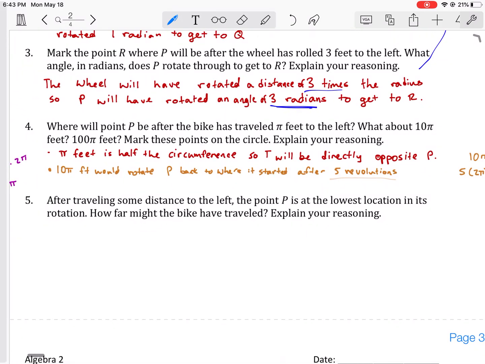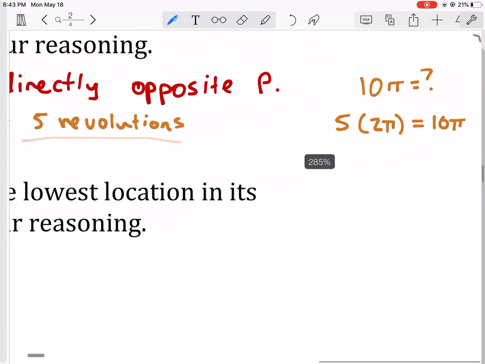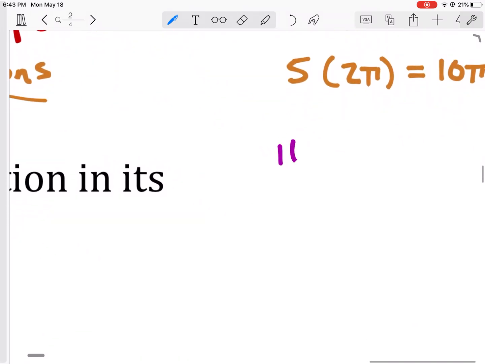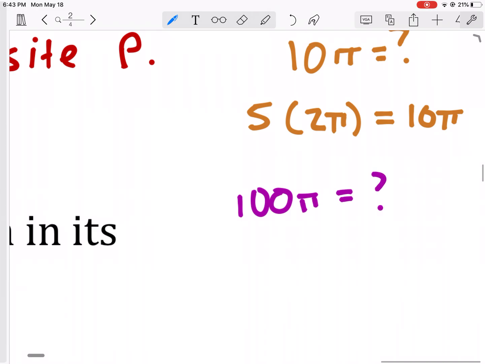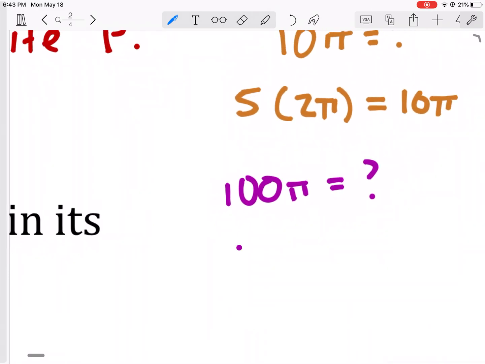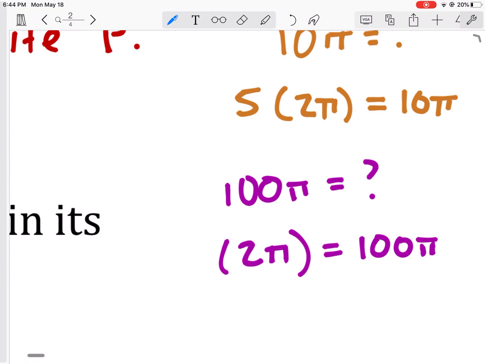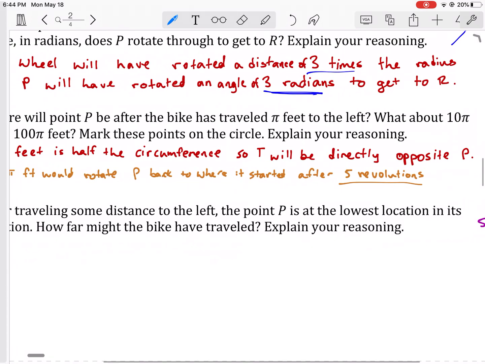What about 100 pi feet? Think about that for a second. Right, well, same idea, 100 pi. What does that equal? Well, if I tried to write this in 2 pi, what would I have to multiply it by to get back to 100 pi? Well, 50 times 2 is 100, so this time it would be 50 revolutions.